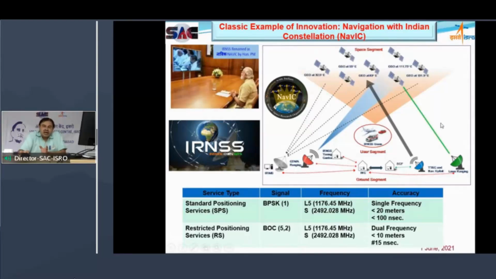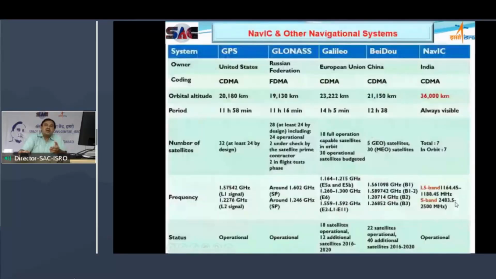It was conceived in 1999. Government set up a committee, and that committee gave a report that we should have our own system. So we embarked on the system, and by 2006-07 we started the work, and within 10 years, by 2016, we had launched all the 7 satellites as well as the ground segment. Everything was made ready, and now it is ready for use by civilians as well as our strategic forces.